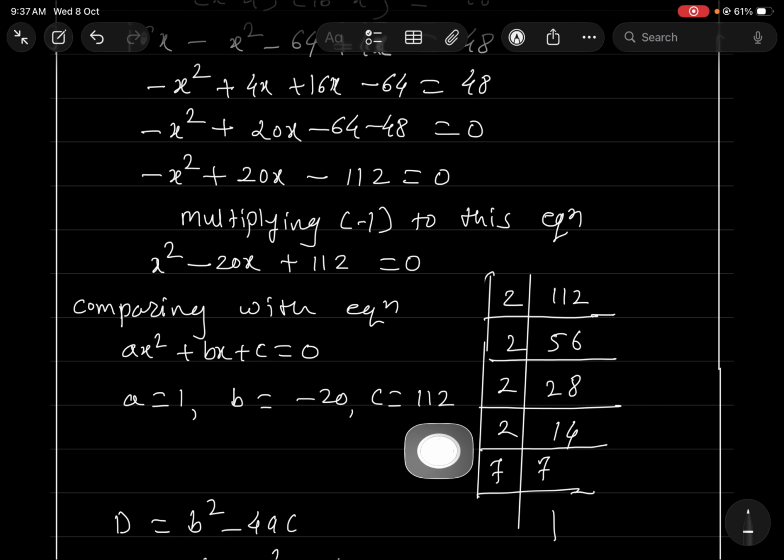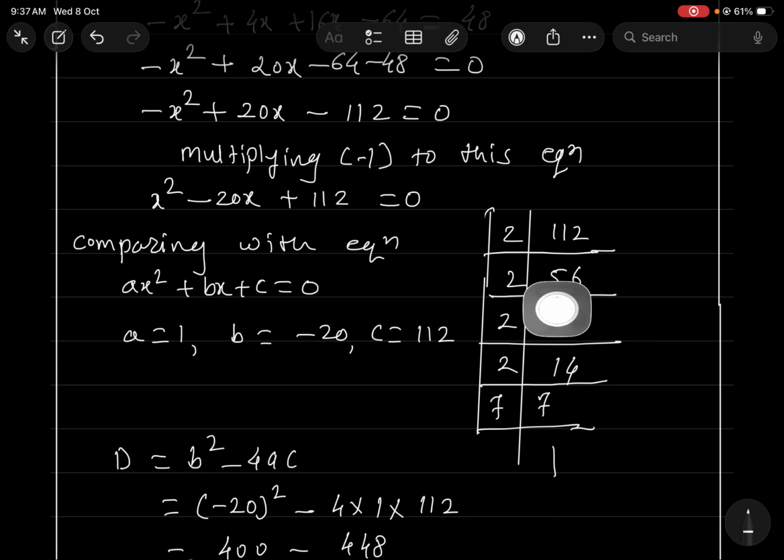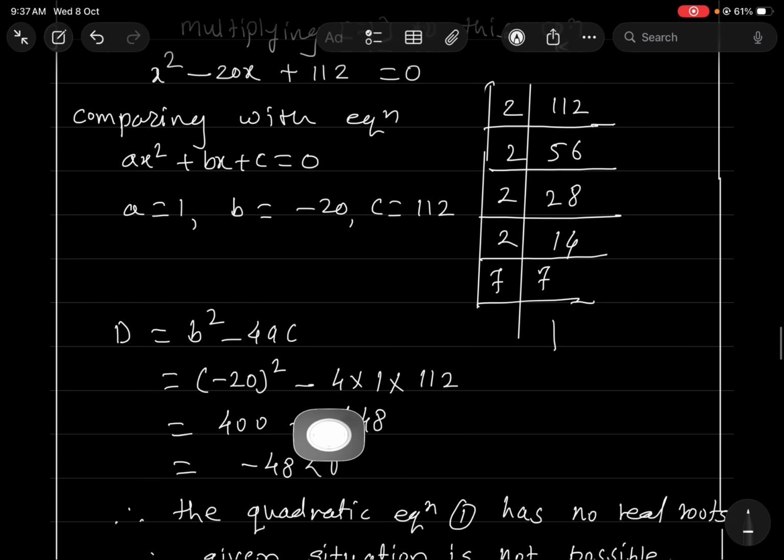Since splitting is not possible, we have to use this comparison, find out a, b and c, and then find the nature of the roots. Comparing with the equation ax square plus bx plus c equal to 0, a equals 1, b equals minus 20, c equals 112.